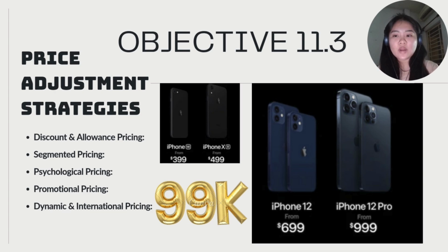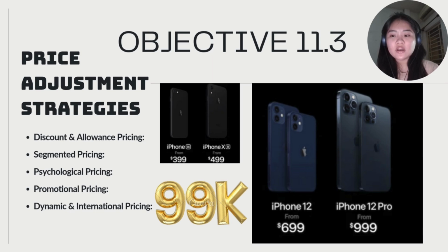Let's start with the main price adjustment strategies that companies use. They include discount and allowance pricing, which encourage early or bulk purchases. Next is segment pricing, where the same product may have different prices depending on customer groups or regions.